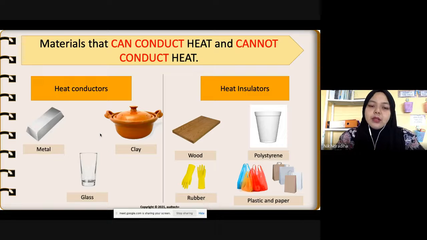To help us withstand the temperature of the glass. Because if we put hot water, glass can conduct heat, so the glass will become hot as well.